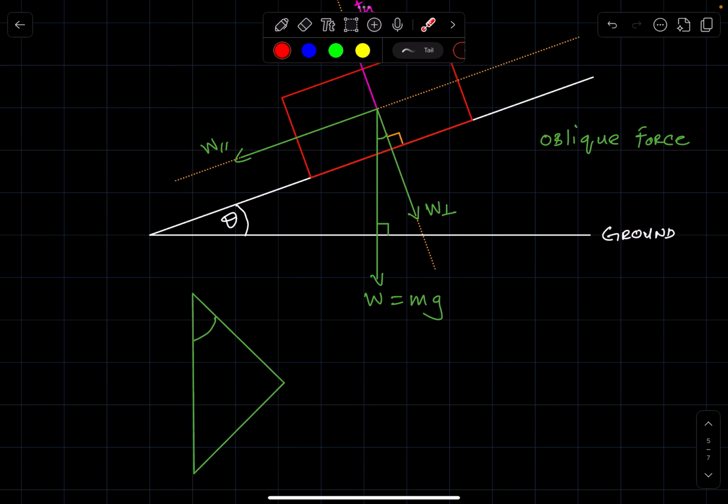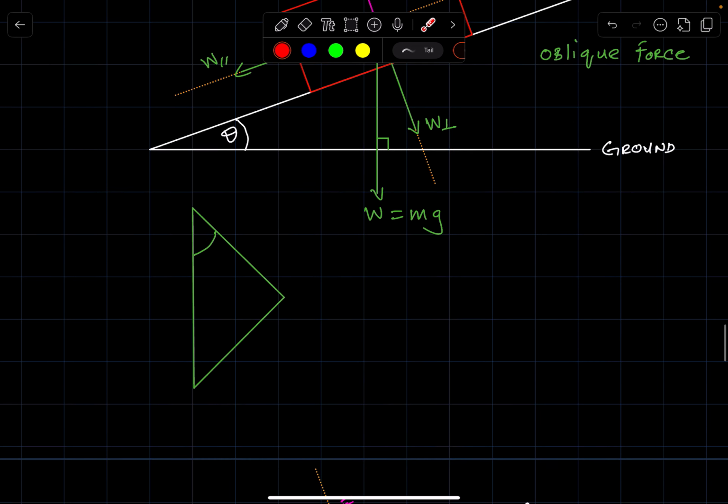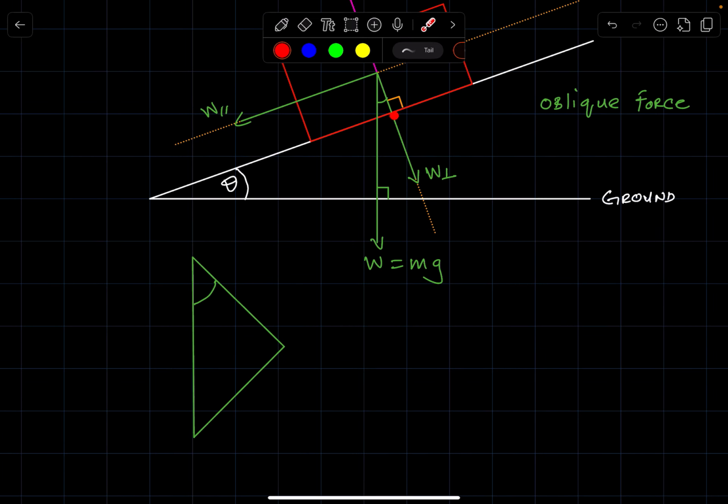This angle represents that one. This is just essentially a zoomed view of what we have here.